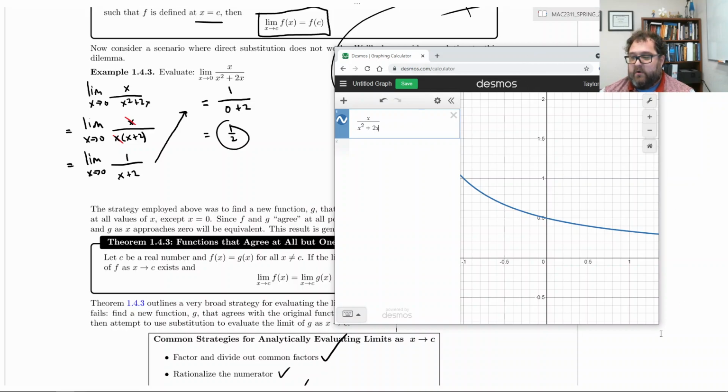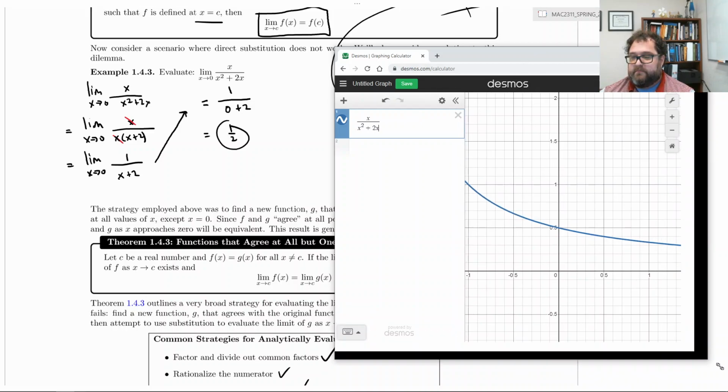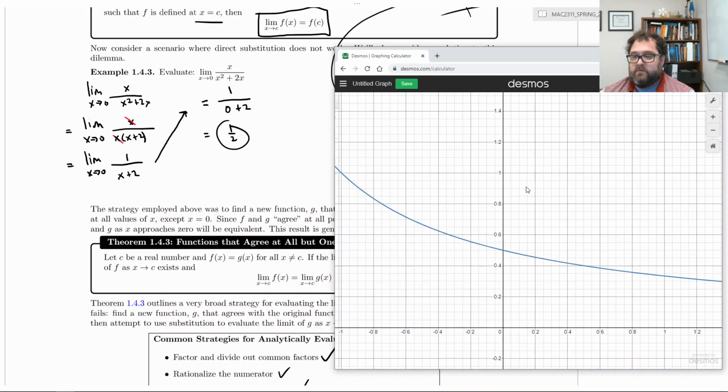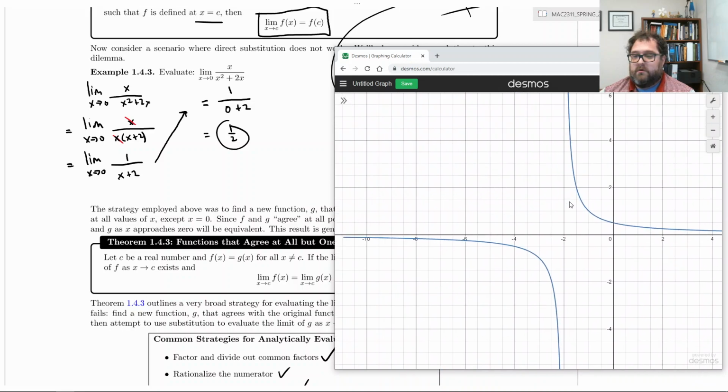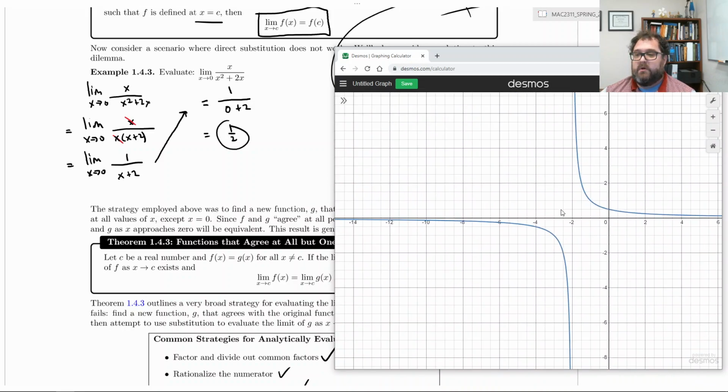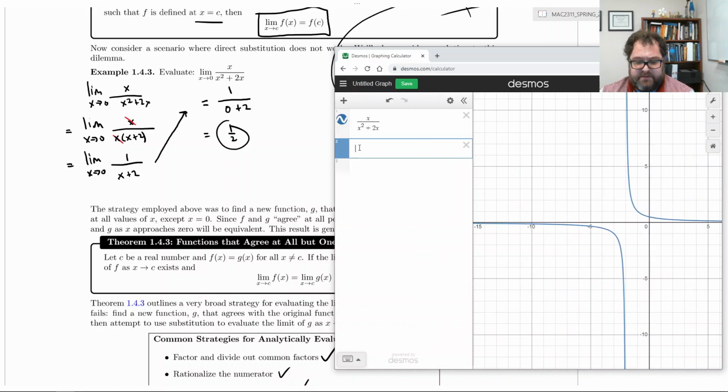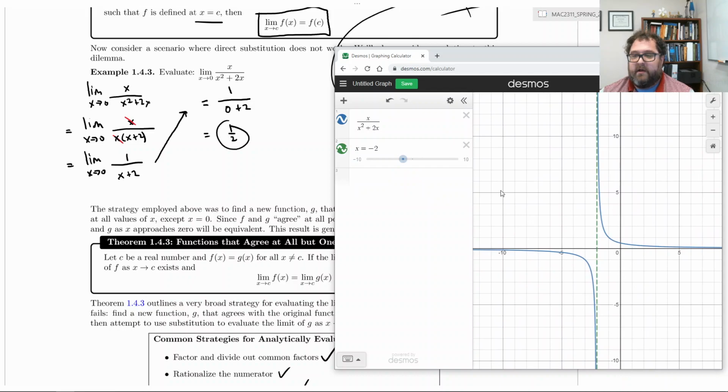So here is our original function. Here we go. Obviously, it has an asymptote, so let's put the asymptote in. That's at x equals -2. Let's make that dashed so we know it's not a part of the graph. It's just a visual indicator that there's an asymptote there.